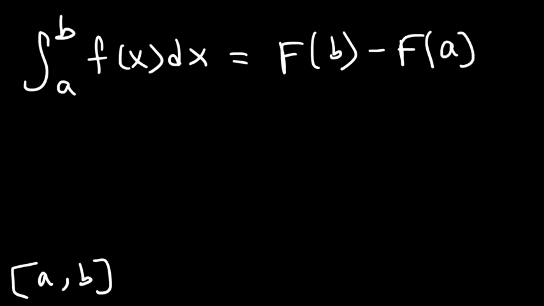And so basically that's what we did. We've integrated f of x to give us the antiderivative capital F, and then we plugged in the top number first, and then the bottom number later. And so the way we evaluate the definite integral comes from the fundamental theorem of calculus.